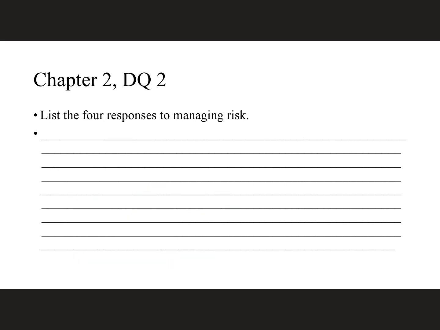Okay, next question. List the 4 responses to managing risk. Okay, so number one, we have risk avoidance. And in this situation, we're just basically avoiding the activity. All right, number two, we want to do risk reduction.